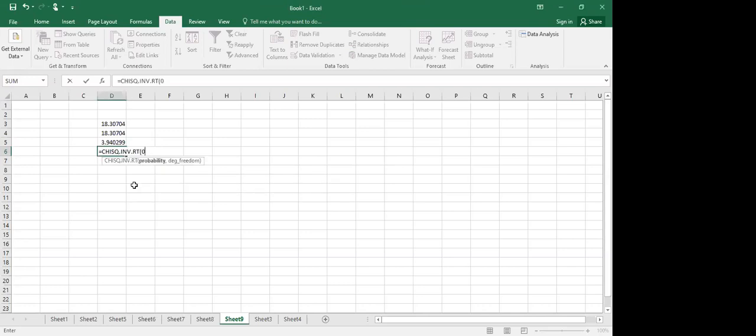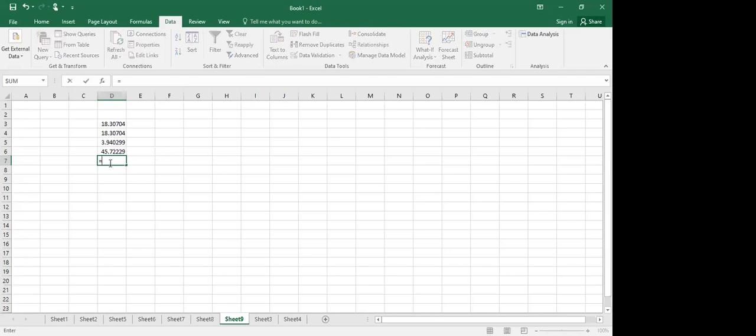We have the area 0.025, and 29 degrees of freedom. So this is the upper value with the right tail of 0.025.